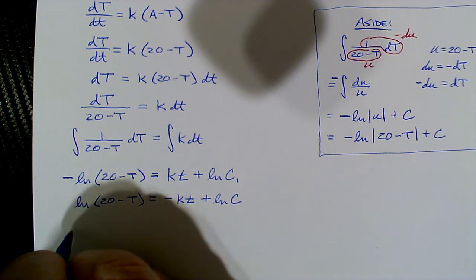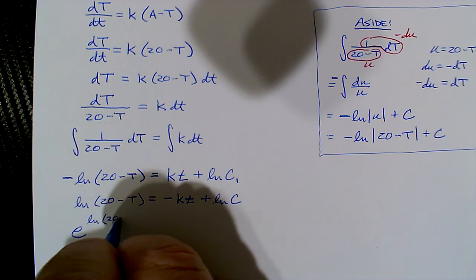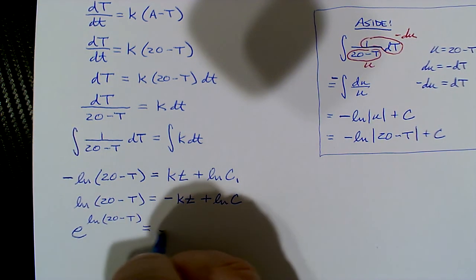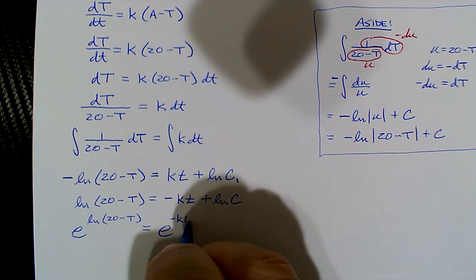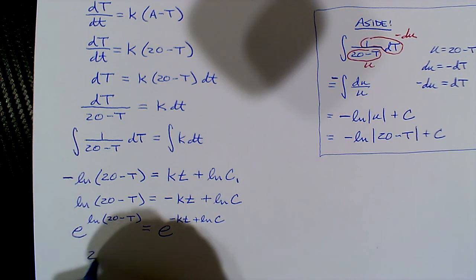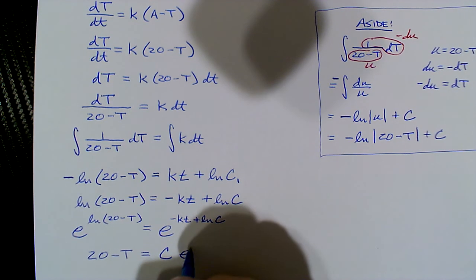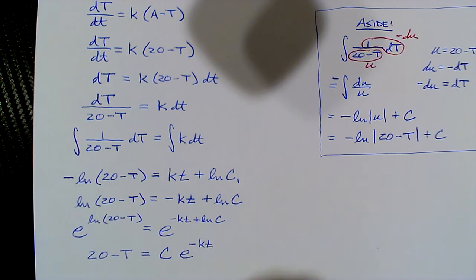Okay, now we could Eulerize, and you don't need to show this step again, making e the base of both sides. This just becomes 20 minus T, and then we have, as we've talked about many times, c e to the negative kt. And let's solve for uppercase T by transposing.